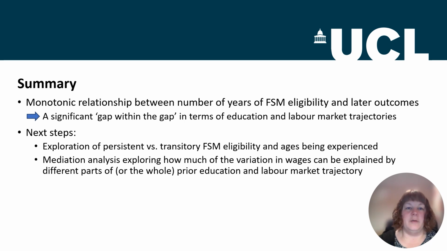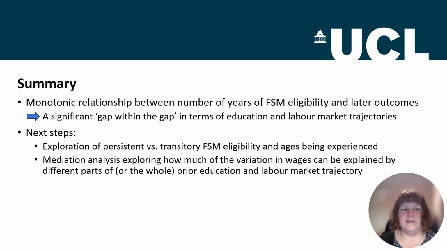So in terms of next steps, I've mentioned these as we've gone through, but we're going to be focusing more attention on whether eligibility for free school meals earlier versus later, at different ages, matters, or similarly, if you hold the number of periods constant but have them all grouped together at once, as opposed to moving in and out, does that matter in terms of trajectories and later wages?